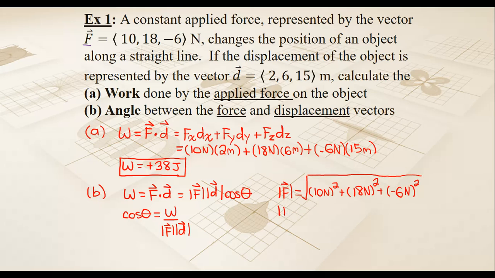To the nearest tenth, the force is 21.4 newtons. Now I know F. But I also need the magnitude of the displacement vector, D. Again, take the sum of the squares: 2 meters squared, plus 6 meters squared, plus 15 meters squared, and take the square root.